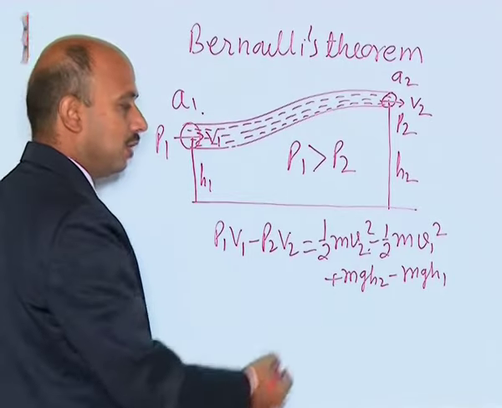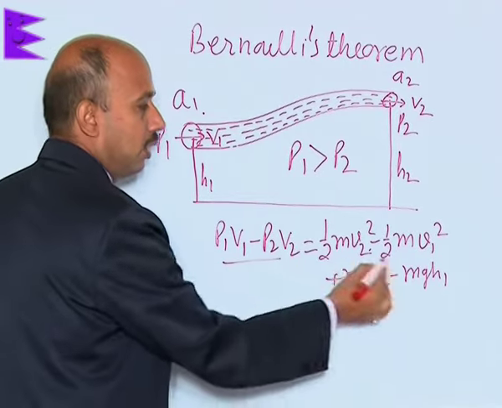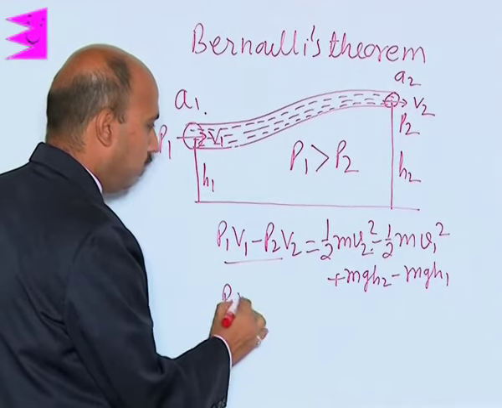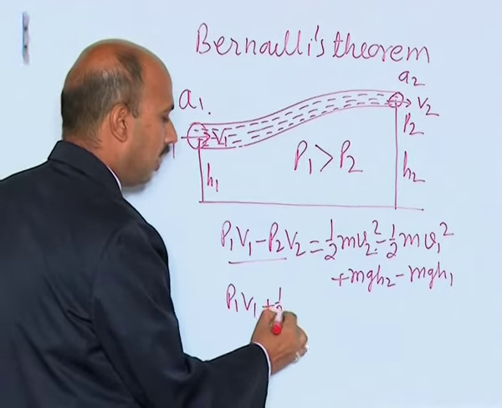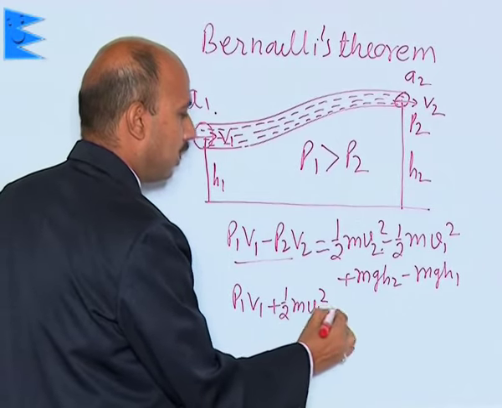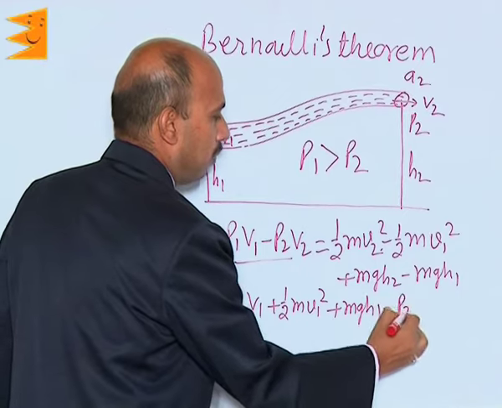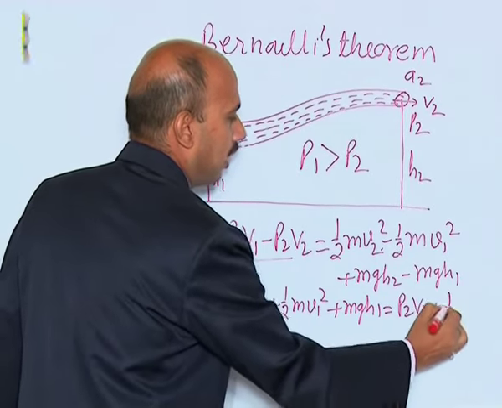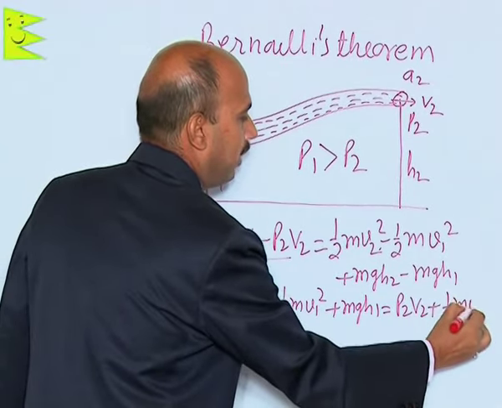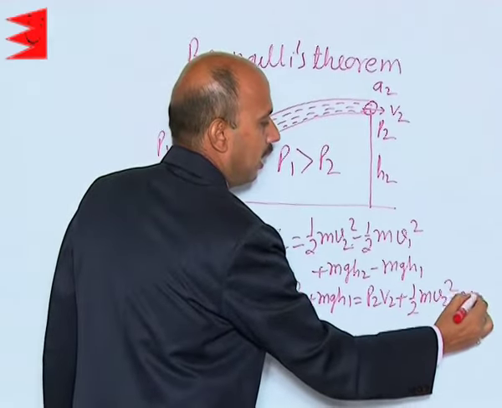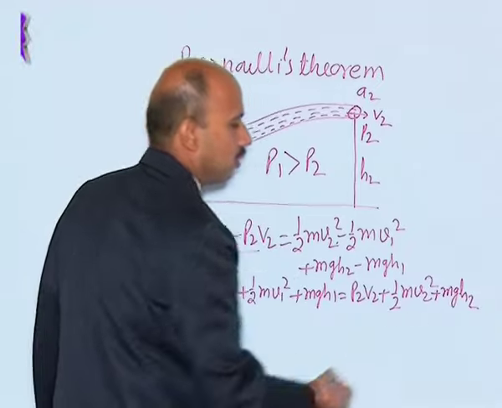Now we can write here, according to the work energy principle I have written here, P1 V1 plus half m V1 square plus m g h1 is equal to P2 V2 plus half m V2 square plus m g h2.